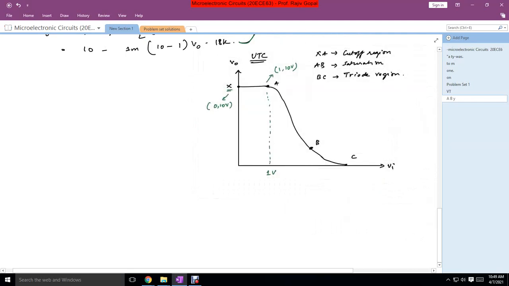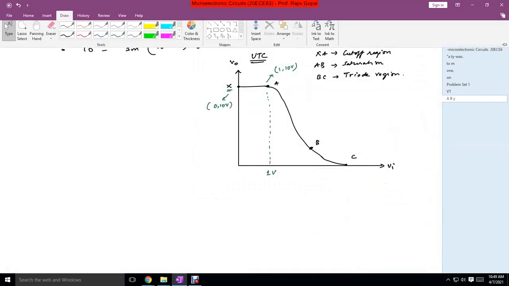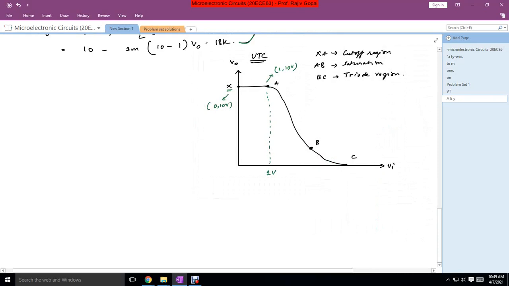Okay, this is 2 volts, 1 volt. So B is actually 2 volts comma 1 volt. C is actually 10 volts comma 0.0613 volts. Okay, so I will choose a point in the middle of the saturation region. That point I will call it as Q.